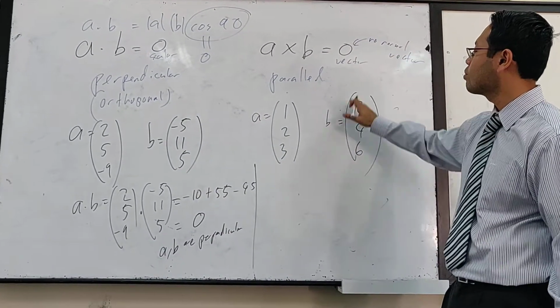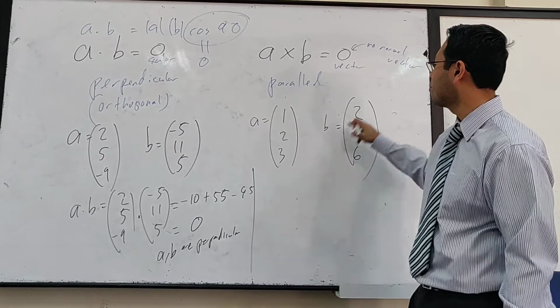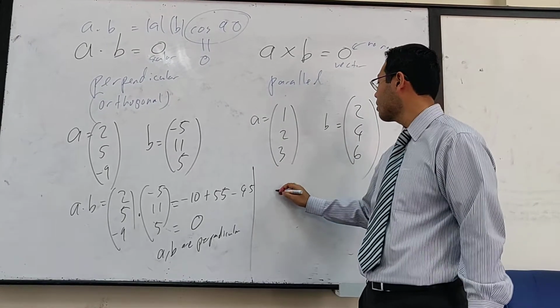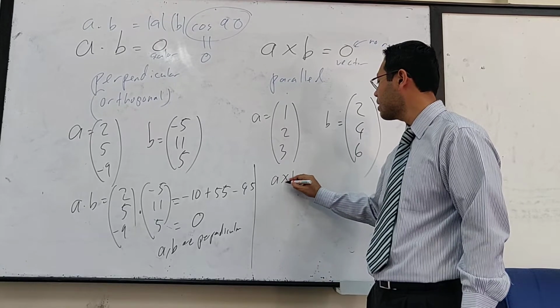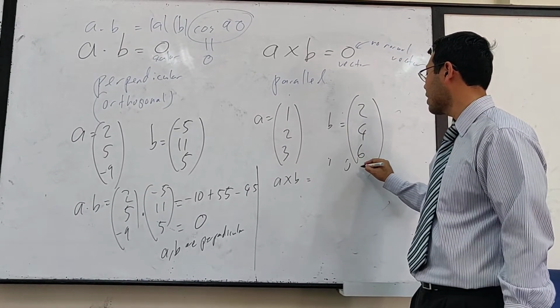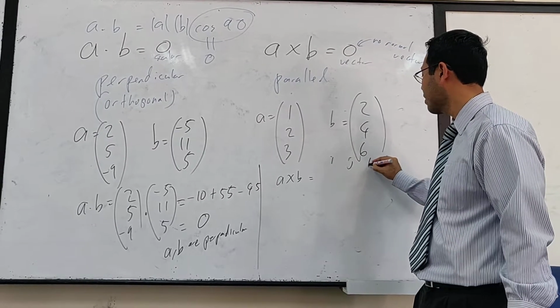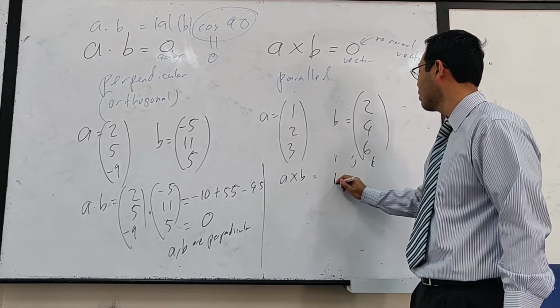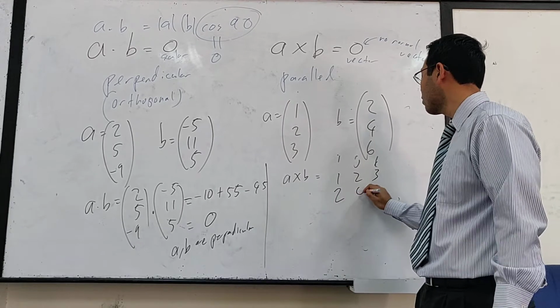The other way is for this one, if you want to show the parallel, 1, 2, 3, and 2, 4, 6. Well, A cross B will be, in terms of I, J, and K, 1, 2, 3, 2, 4, 6.